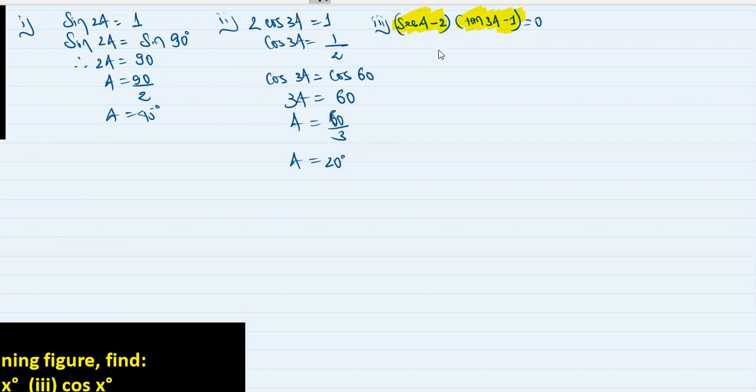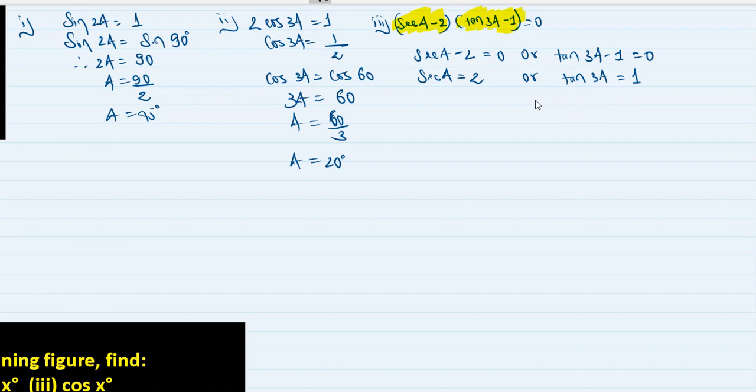So we don't know which is 0. So this is possible only if sec A minus 2 is 0 or tan of 3A minus 1 is 0. So sec A is equal to 2 or tan 3A is equal to 1.